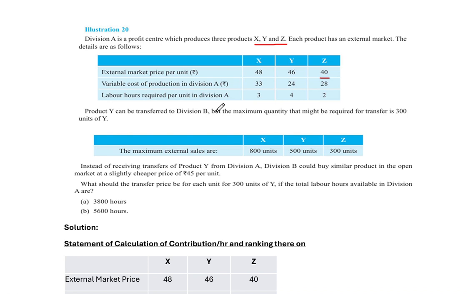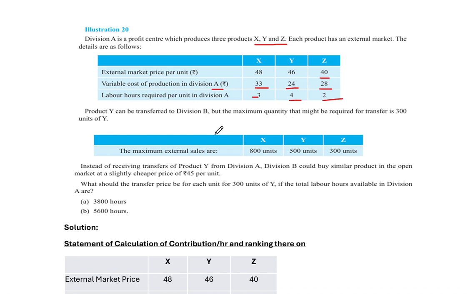Next, variable cost in division A for X is 33, Y is 24 and Z is 28. Labor hours required for X is 3, Y is 4 hours and Z is 2 hours.